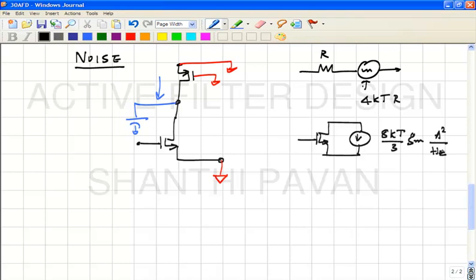In other words, apart from the drain current, there is also a noise current where the spectral density of the noise current is dependent on the transconductance, which is an incremental parameter, and this 8 kT by 3. Okay. So if you want to think about it in terms of 4 kT gm times eta, what is eta? 2 by 3.